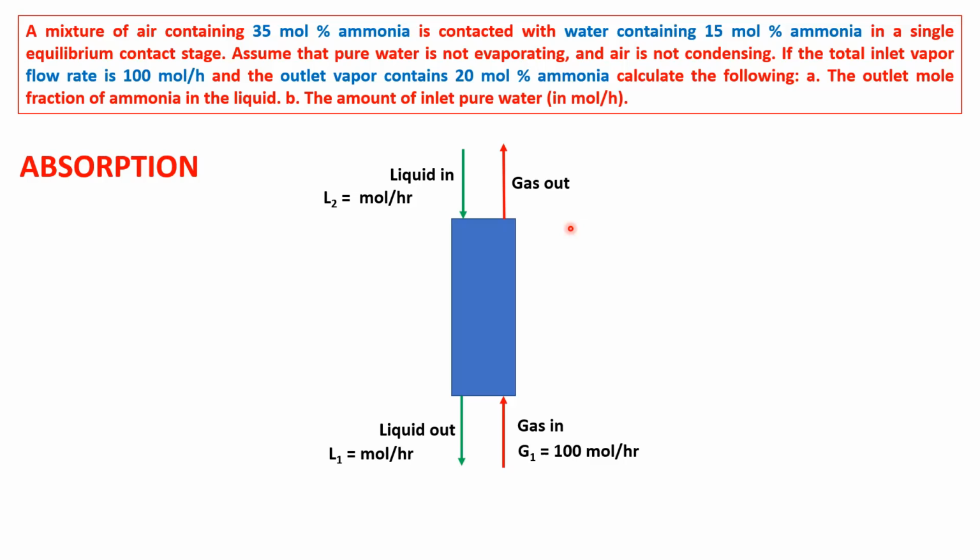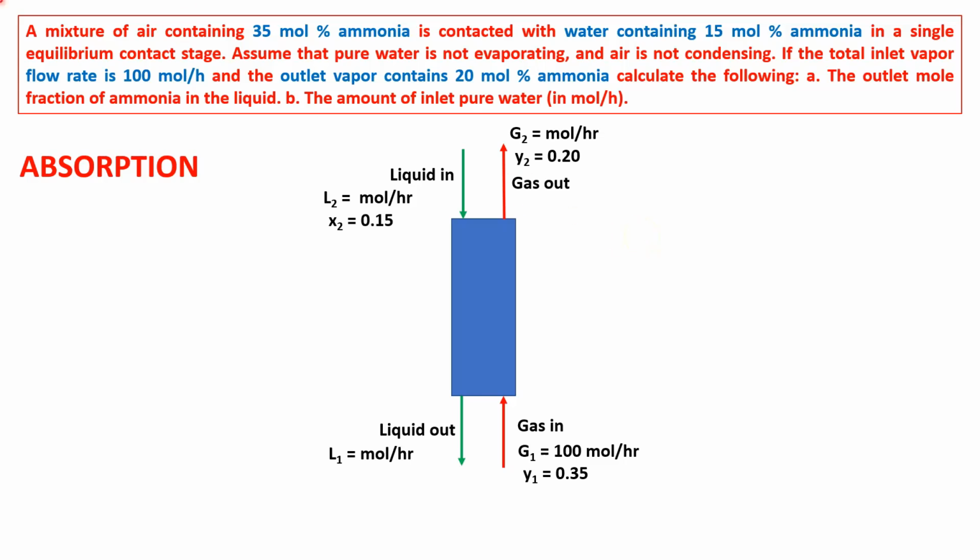Similarly, here it is given that gas inlet flow rate is 100 mole per hour, and the outlet we don't know, that is not given, G2 mole per hour, that is gas outlet flow rate. Now the mole fraction of ammonia at the inlet is given as 35 mole%, so Y1 is 0.35, and the outlet vapor contains 20 mole% ammonia, so Y2 is 0.20.